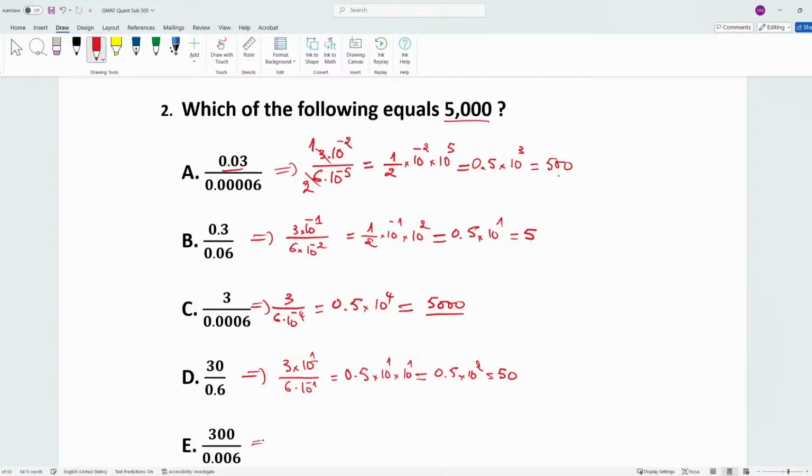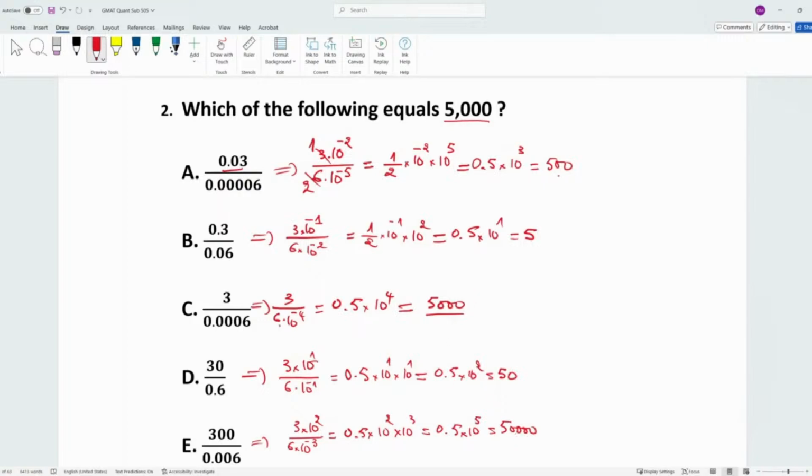And then the last one here gives us 3 times 10 to the power 2, 6 times 10 to the power minus 3, and this is 0.5 times 10 to the power 2 times 10 to the power 3, and this will be 0.5 times 10 to the power 5, and this will be 50,000.